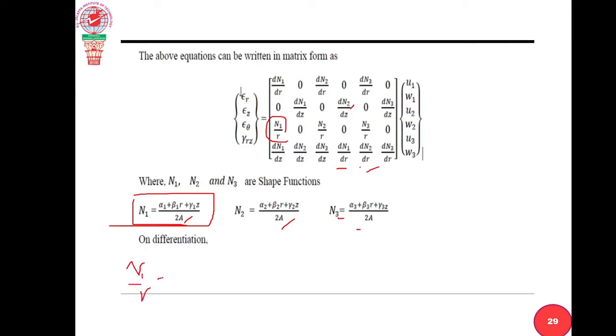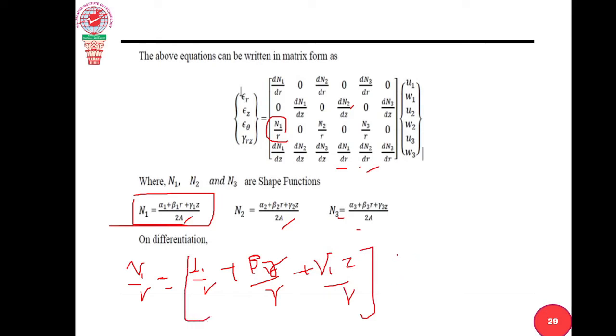That means you have to divide every N equation by r. That means alpha 1 divided by r plus beta 1 r divided by r plus gamma 1 z divided by r, whole into 1 by 2a.